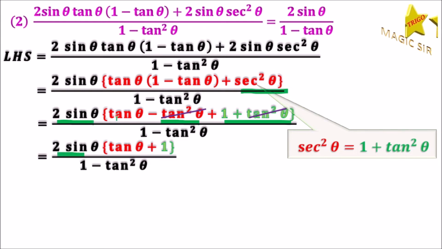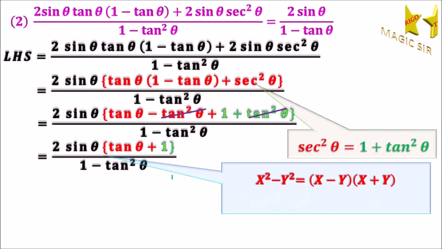So the left hand side equal to twice sin theta into tan theta plus 1, divided by 1 minus tan square theta. Now apply the formula of x square minus y square is equal to x minus y into x plus y.